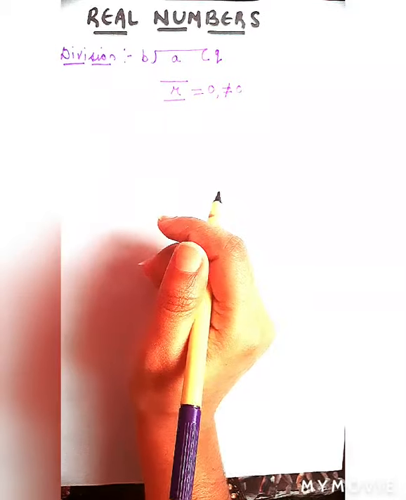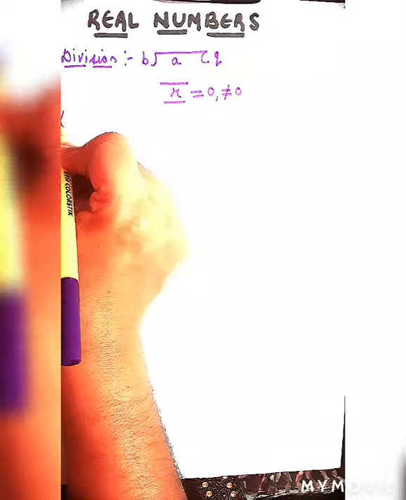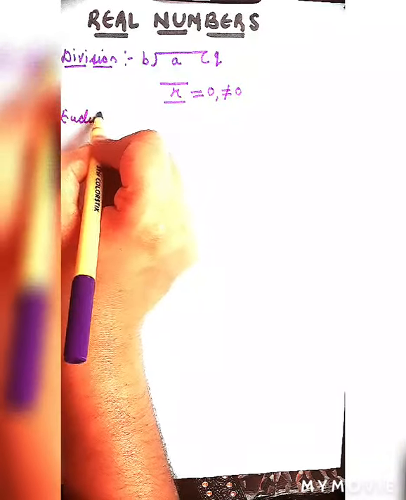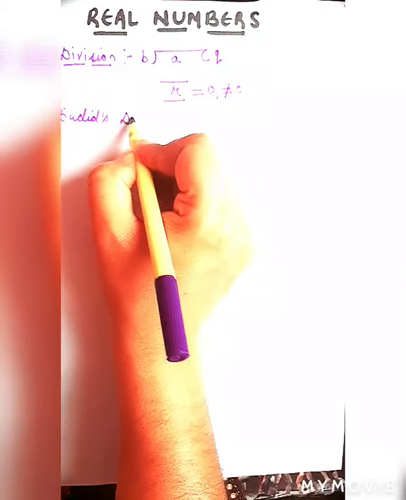Fine, this is a simple method, but there is a more sophisticated form of division that I will explain here, and this is called Euclid's division method.